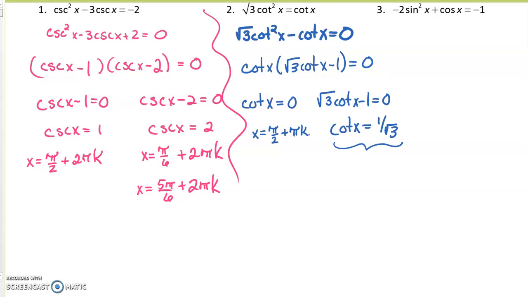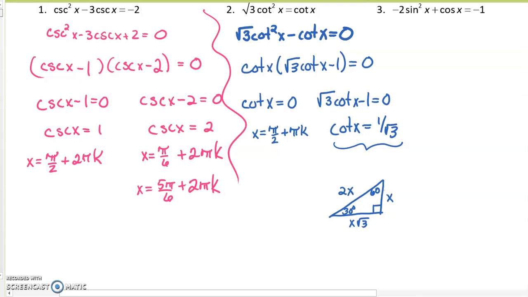So cotangent x equaling 1 over root 3. If I think about a 30, 60, 90 triangle, this side is x root 3, and this is 2x.